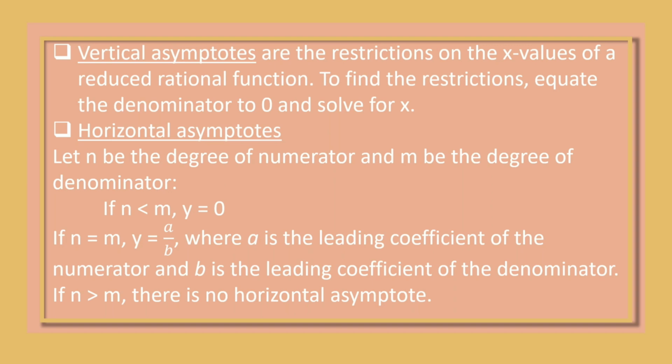If n is lesser than m, y equals 0. If n is equal to m, y equals a over b, where a is the leading coefficient of the numerator and b is the leading coefficient of the denominator. Now, if n is greater than m, there is no horizontal asymptote.